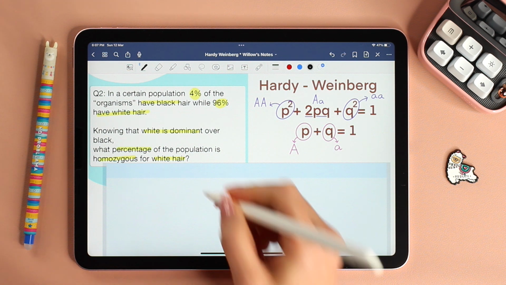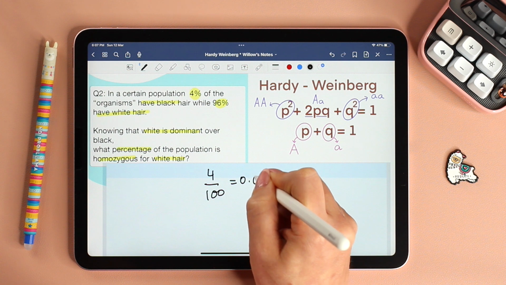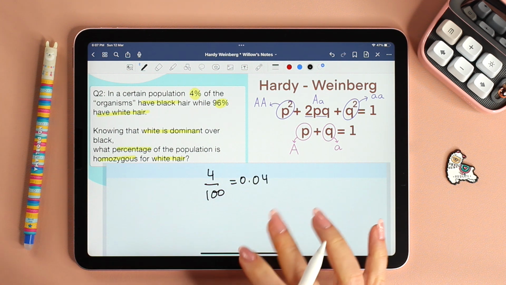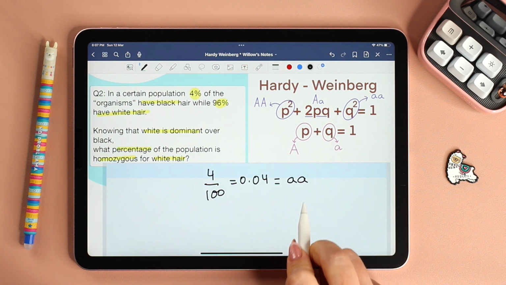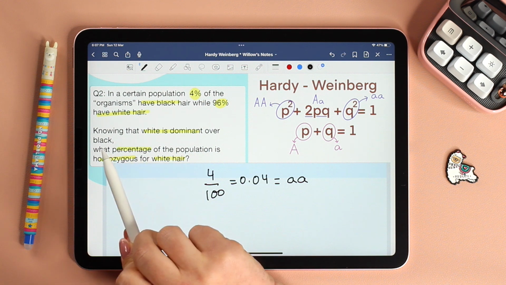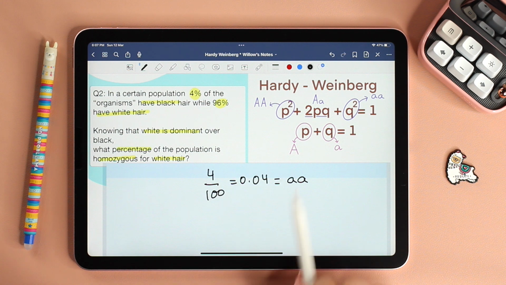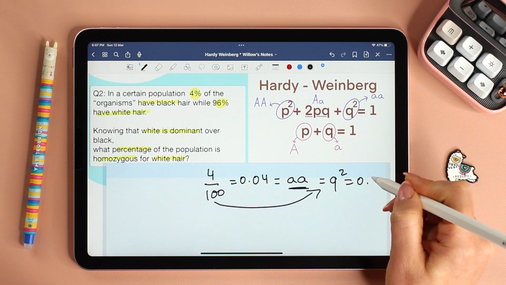This means that 4%, which is 0.04, is the frequency of individuals who are homozygous recessive. How do we know? It's given that black is recessive and white is dominant over black. So for the individuals to be black, they must be homozygous recessive. So automatically we know that this is Q square. So Q square is 0.04.